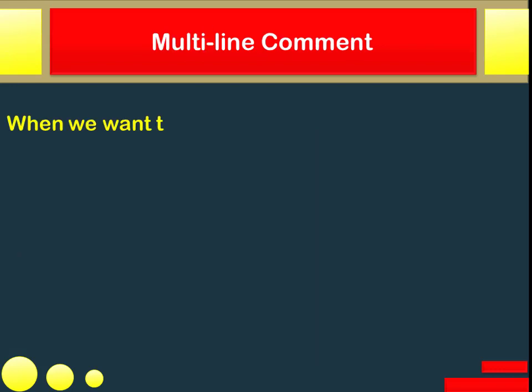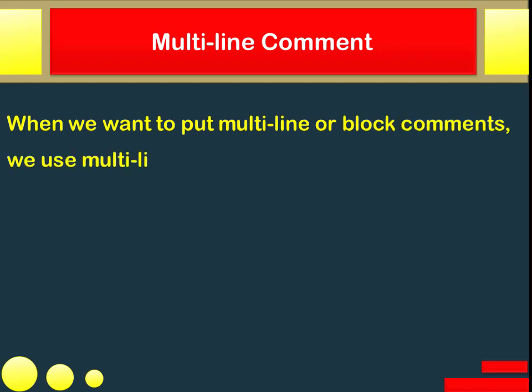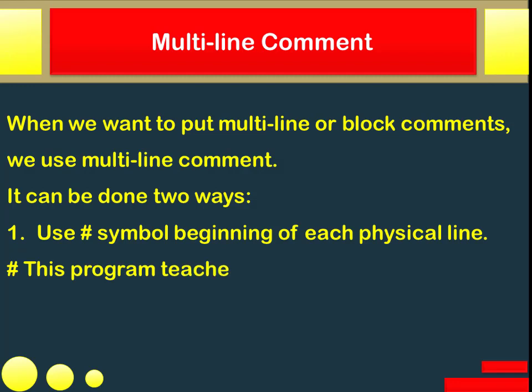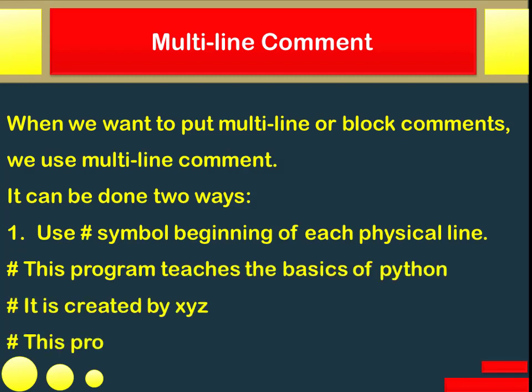Next comes your multi-line comment. When we want to put multi-line or block comments, we use a multi-line comment, and it can be done two ways. First, use the hash symbol at the beginning of each physical line. This is an example of a multi-line comment.